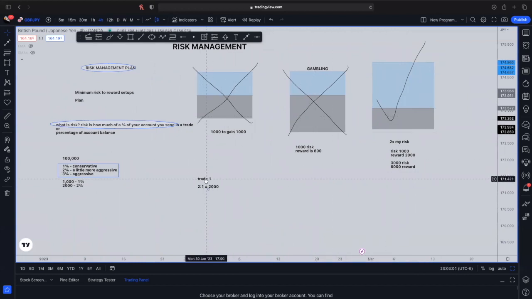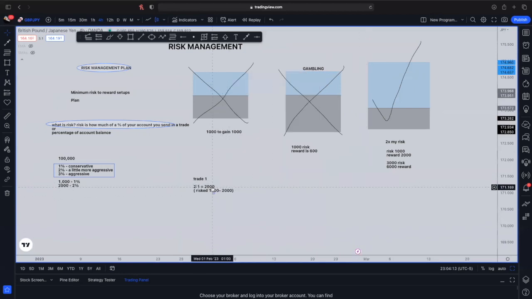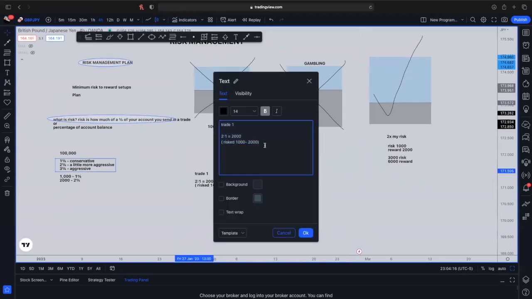If we take one trade and we win 2-to-1, I made 2,000. So I risk 1,000 to make 2,000. We're in profit $2,000. Now, let's say on trade 2, the next one, we lose. Risk 1,000 to make 2,000.